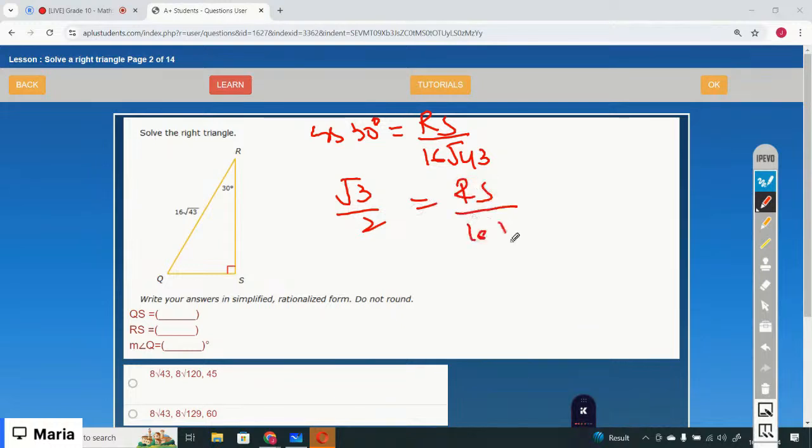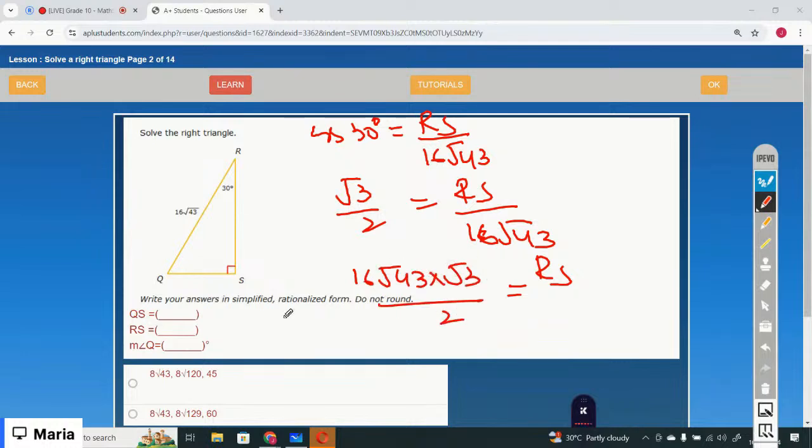So RS equals 16 square root 43 times square root 3 divided by 2.